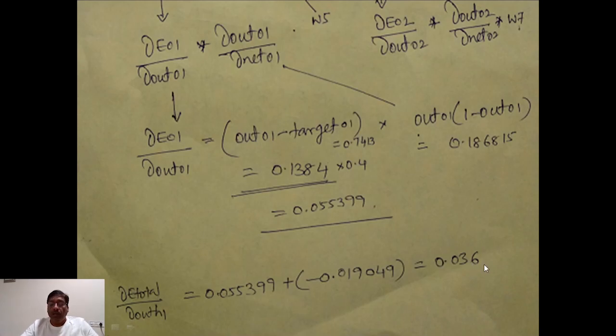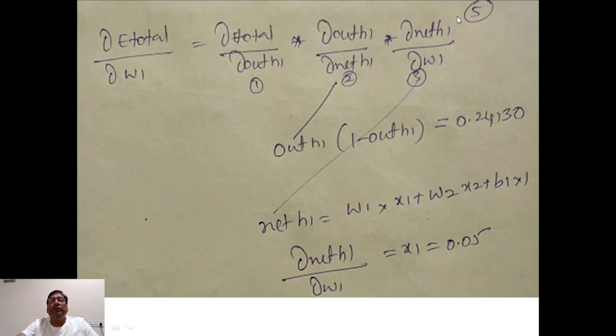0.036. Now you go for the next step, wherein you calculate partial differentiation of out H1 with respect to net H1. This we have already calculated in the previous step, and it can be written as out H1 into 1 minus out H1. When you replace the values for this, you will get 0.24130.